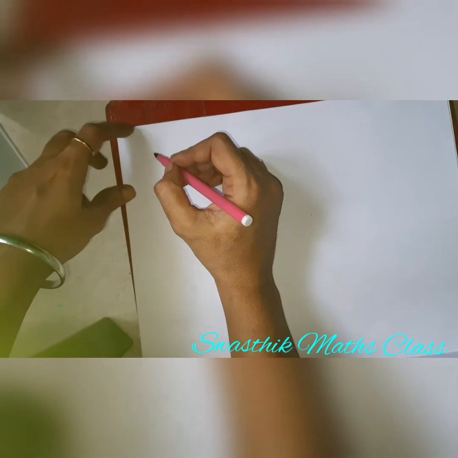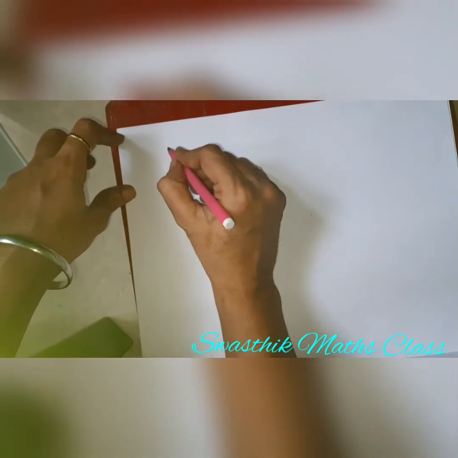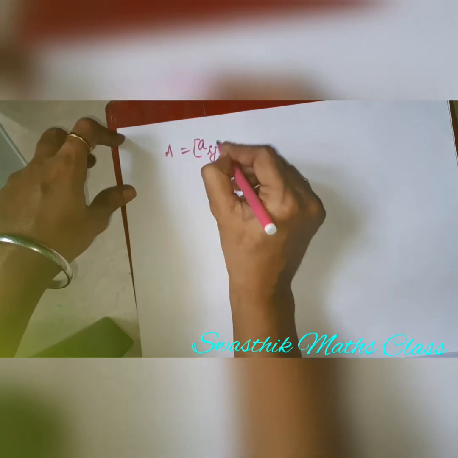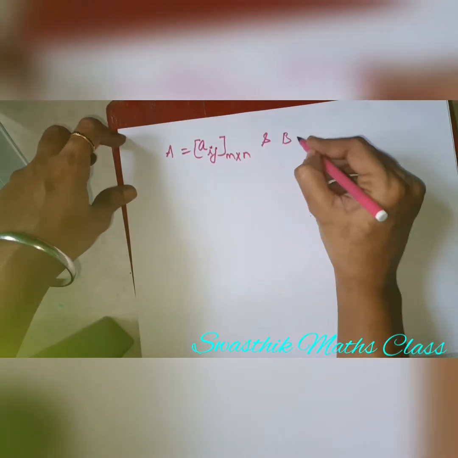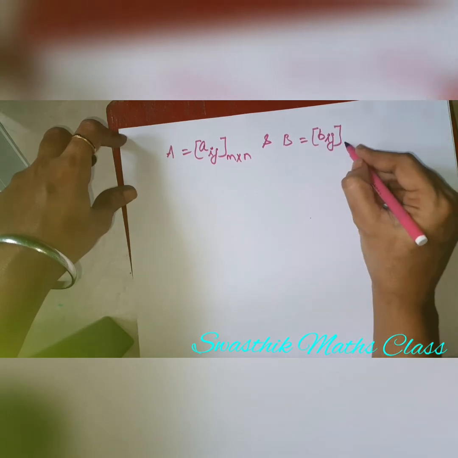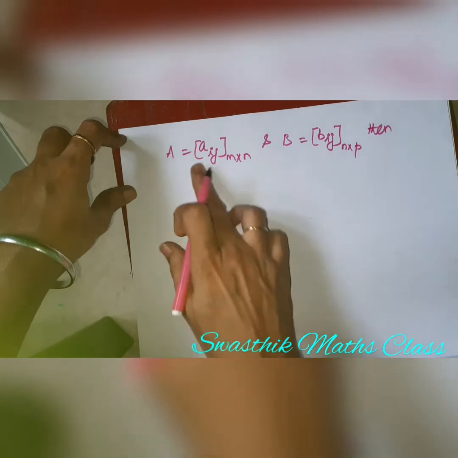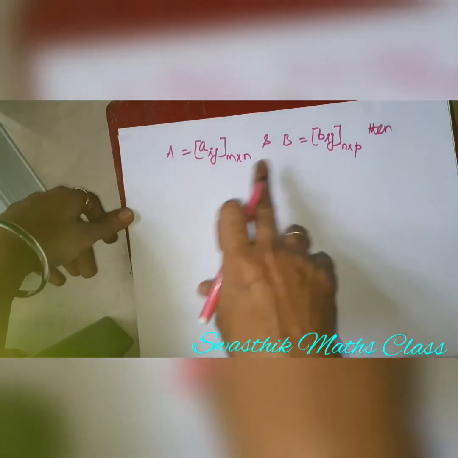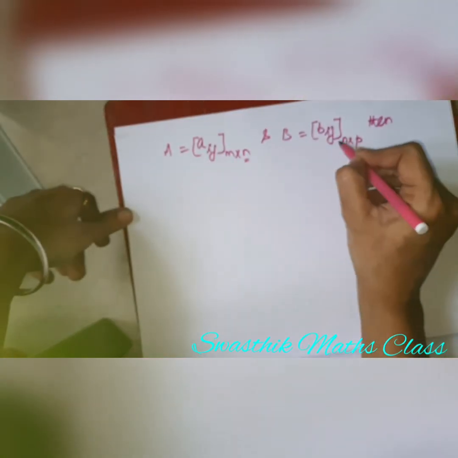Now, let us see the procedure for the product of two matrices. If A is a matrix Aij whose order is m by n and B is another matrix Bij whose order is n by p, then we know that A and B are compatible for multiplication AB because the number of columns in A is equal to the number of rows in B, right?